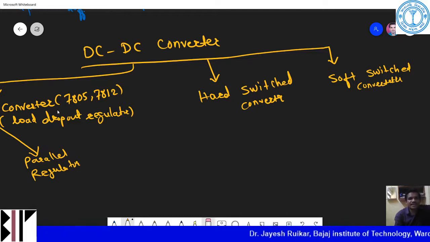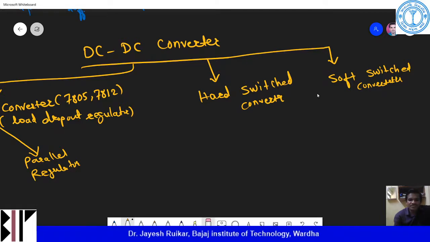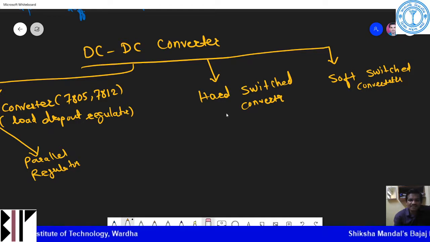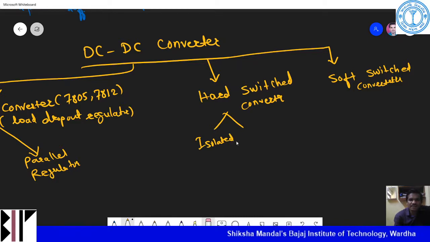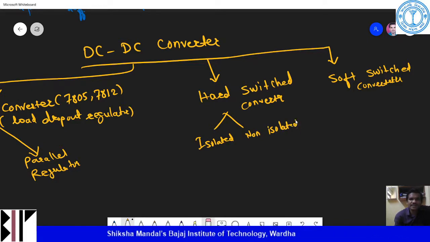Linear converter, hard switch converter, and soft switch converter. Again, this hard switch converter is defined as isolated and non-isolated.